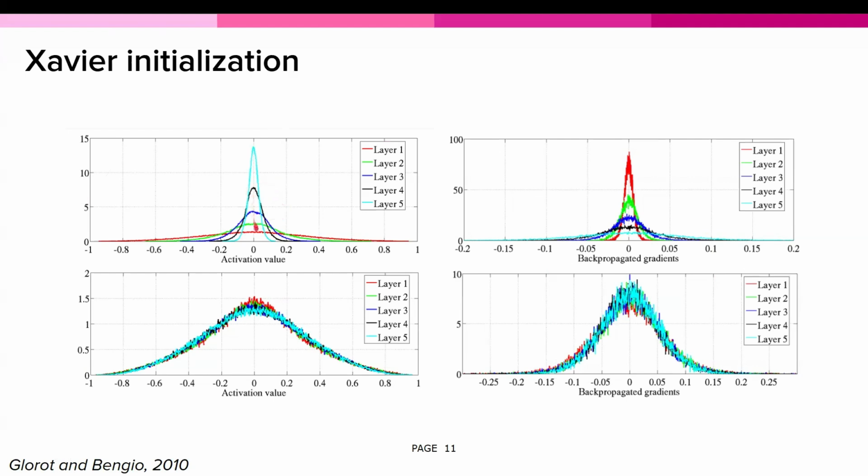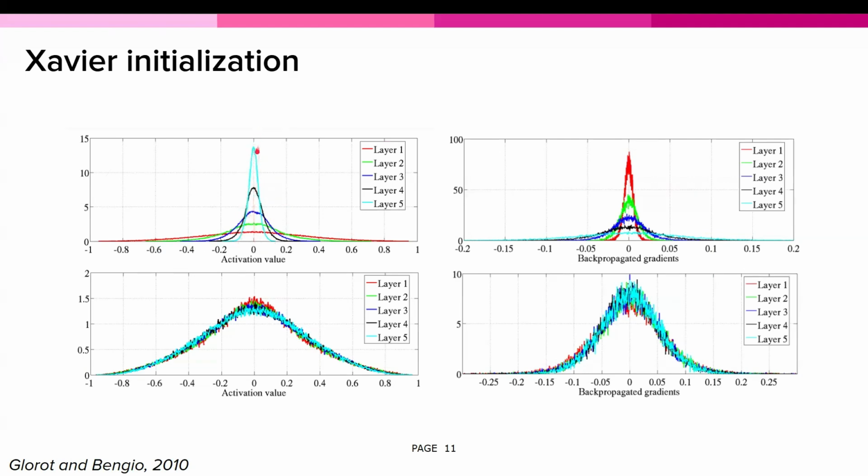The peak of the distribution increases in deeper layers. Layer one is in red, layer two in green, layer three in blue, then four and five. We start off with a very wide variance of activations, but this becomes increasingly concentrated around zero as we get deeper in the network.